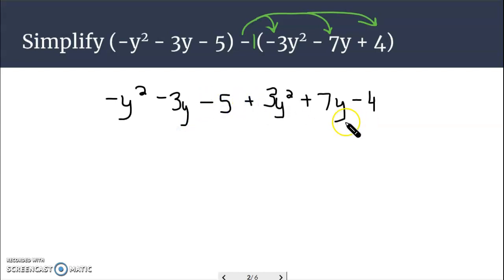And now it's a matter of combining like terms. We have negative y squared, positive 3y squared, to make 2y squared. We have negative 3y, positive 7y, to make positive 4y.